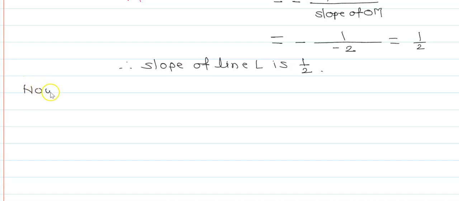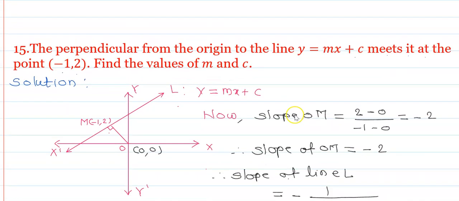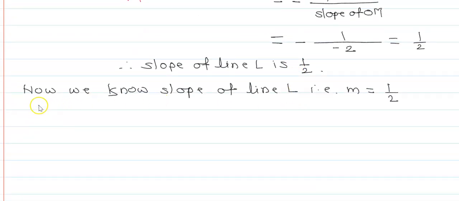Now we know the slope of line L, that is m equals 1 upon 2, and the point on it is minus 1, 2.